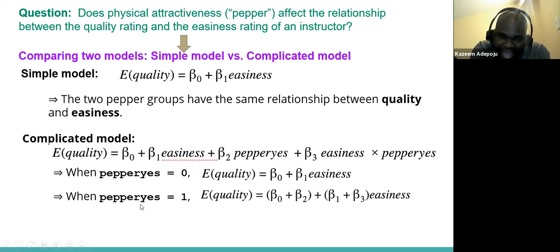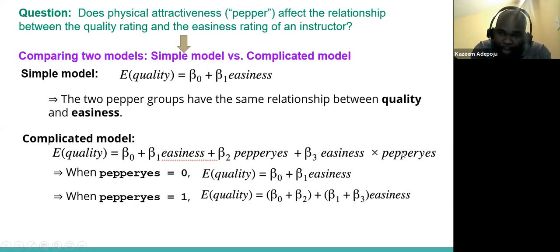But when paper yes equals 1, when I put 1 here, what is 1 times beta 2? Then the intercept is going to change. The intercept is going to be beta naught plus beta 2. That is what I have here, because I've already plugged in 1 here. And I'm also going to plug in 1 here.